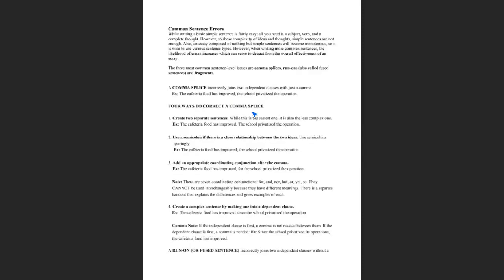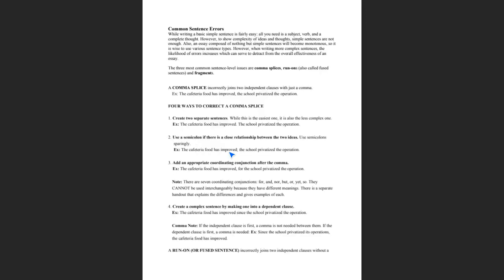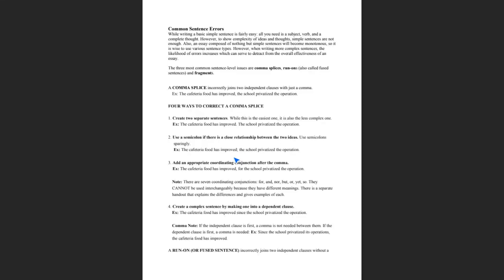There are four ways to correct a comma splice. The simplest thing to do is just to make them two complete sentences. So change the comma into a period and then capitalize the first word of the next sentence, as in this example. Another thing that you can do, if the two sentences are closely related, is use a semicolon to join the two of them.